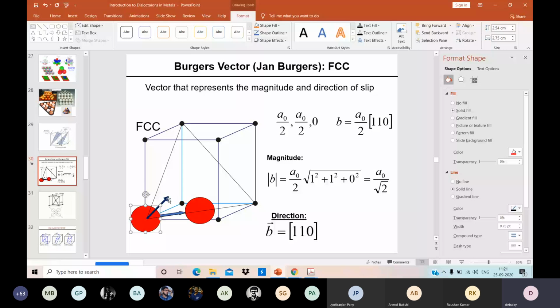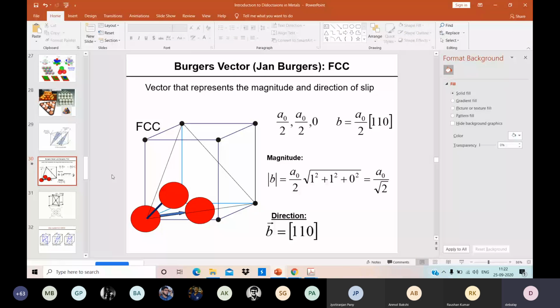If the corner atom moves over here, that is a partial dislocation movement. Now will the stacking sequence change or not? Yes, it is changed, because on the plane that I have drawn, there should not be any atom at this position.